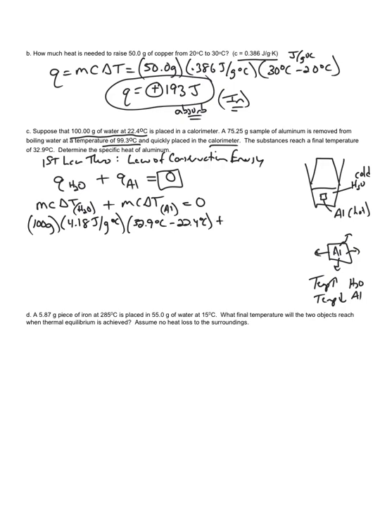Plus, the mass of the aluminum is 75.25 grams. We don't know the specific heat of the aluminum, so that's our variable to solve for. Times, again, the final temperature, 32.9, that's thermal equilibrium, minus 99.3 degrees Celsius.